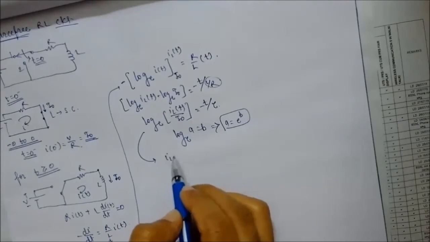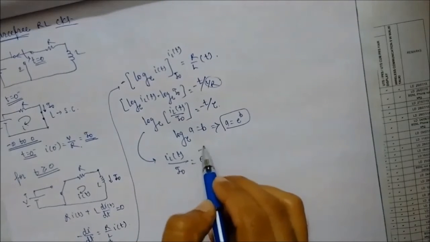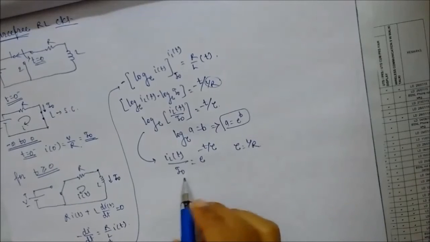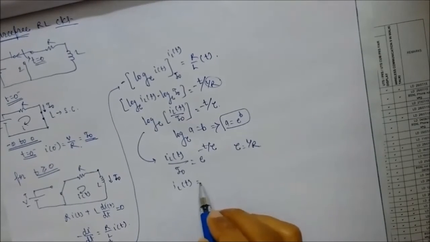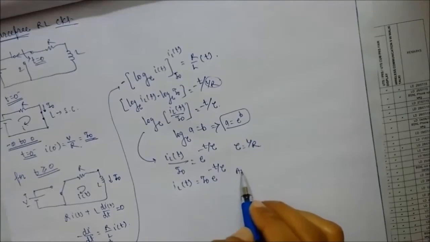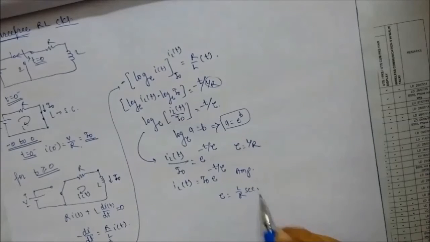Similarly, iL(t) upon I0 is equal to e to the power minus t upon tau, where tau is equal to L upon R. So what is the value of iL(t) that we get? iL(t) is equal to I0 e to the power minus t upon tau ampere, and tau is equal to L upon R in seconds.